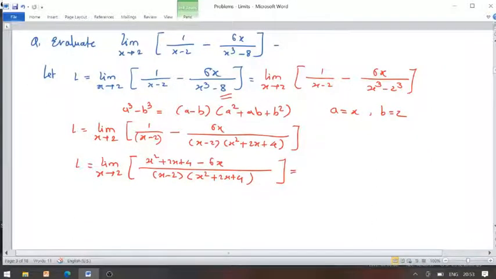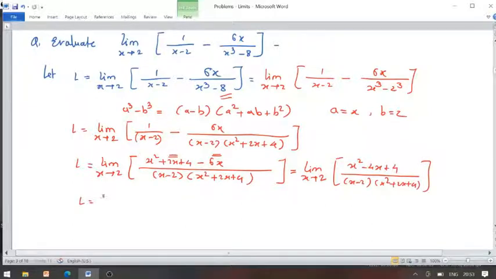Now after simplifying we get the limit as x tends to 2 of, look at the numerator, x square, 2x and 6x are the like terms. So plus 2 minus 6 gives us minus 4x plus 4, divided by x minus 2 into x square plus 2x plus 4.